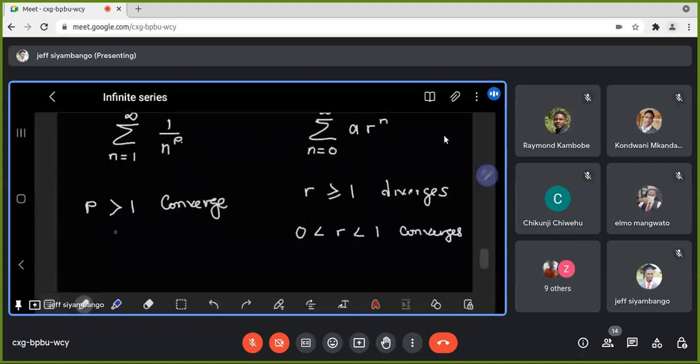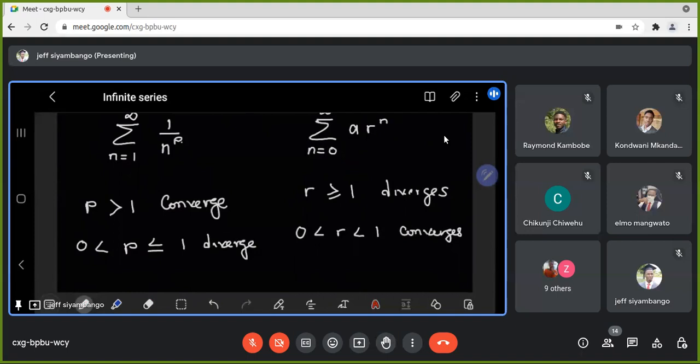And for it to diverge, you need p to be in the range 0 less than p, but now less than or equal to 1. Then it will diverge. So I just thought I'd compare them for you like this so that you can see how they work.